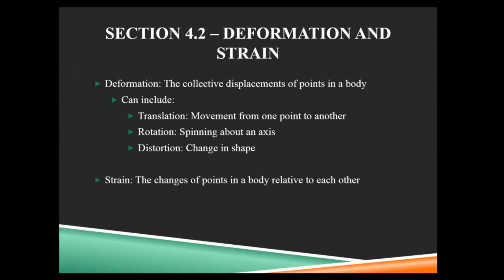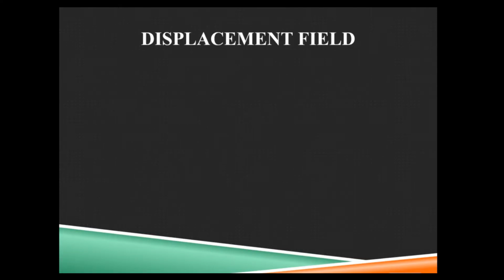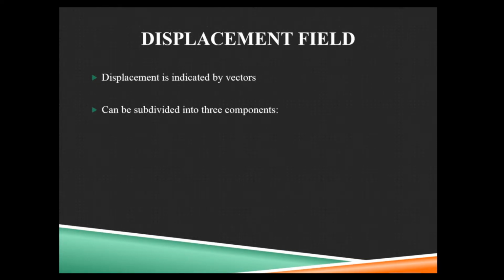If the whole thing translates or rotates, you don't have strain, even though the individual body doesn't seem to have changed. Now, a displacement field is indicated by a bunch of vectors that are showing what's happening to each part of something. And we can subdivide it into three components: the distortion, the rotation, and the translation.